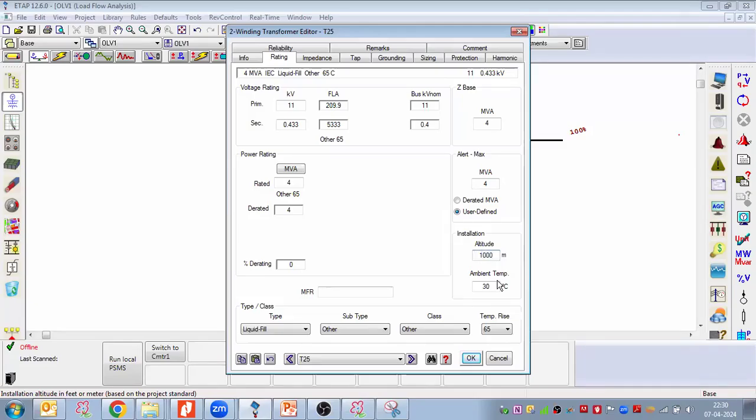If my installation altitude increases from 1000 meter, for every further 100 meters there is 2% derating in the transformer output. So a 4 MVA transformer can be loaded up to 3.9 MVA only.